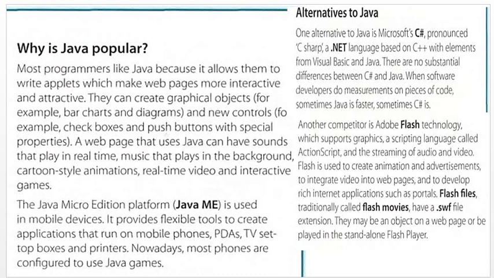One alternative to Java, instead of Java, what should we use? One alternative to Java is Microsoft C#, pronounced C sharp, a .NET language based on C++, with elements from Visual Basic and Java.